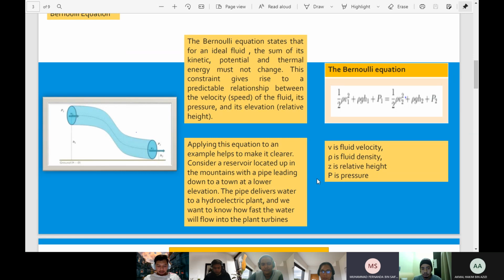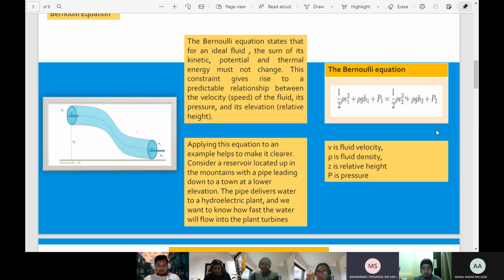Applying this equation to an example helps to make it clear. Consider a reservoir located up in the mountains with a pipe leading down to a town at a lower elevation. The pipe delivers water to a hydroelectric plant, and we want to know how fast the water will flow into the plant turbines.